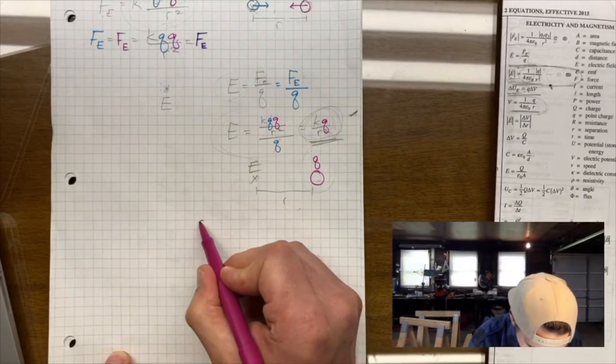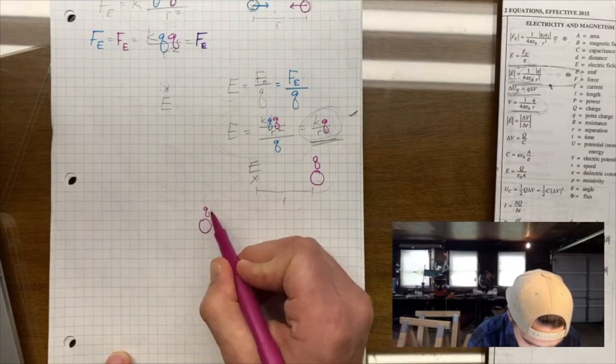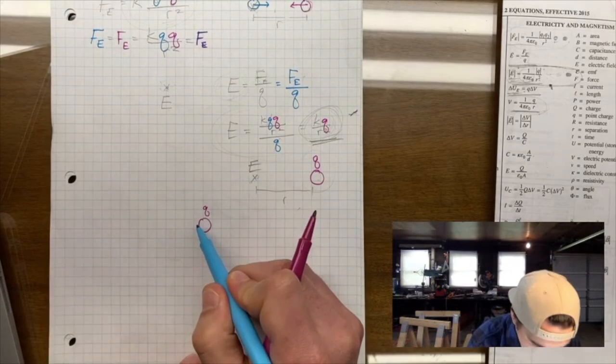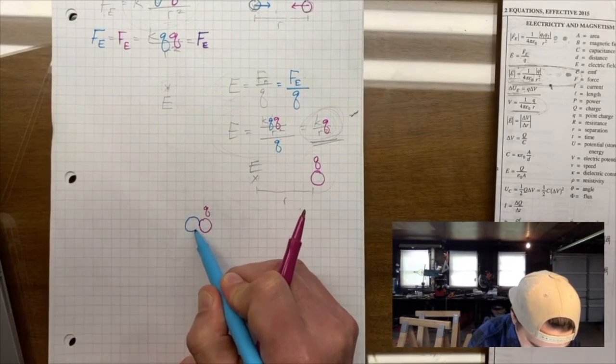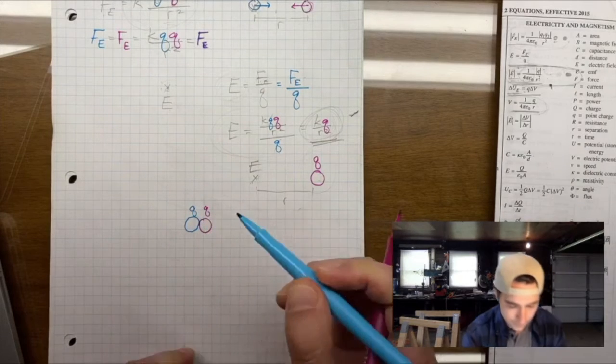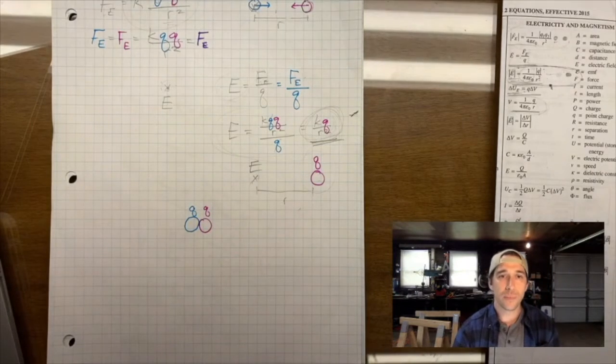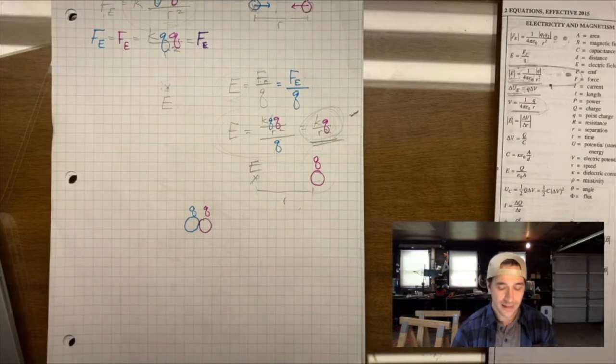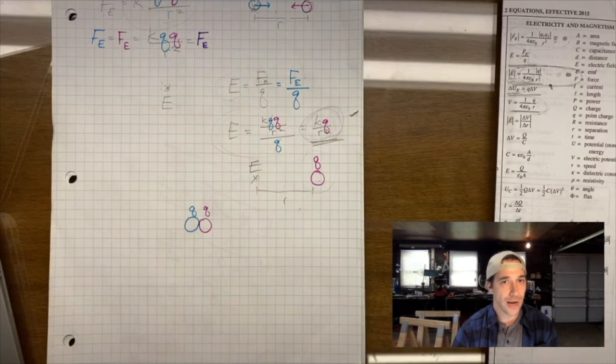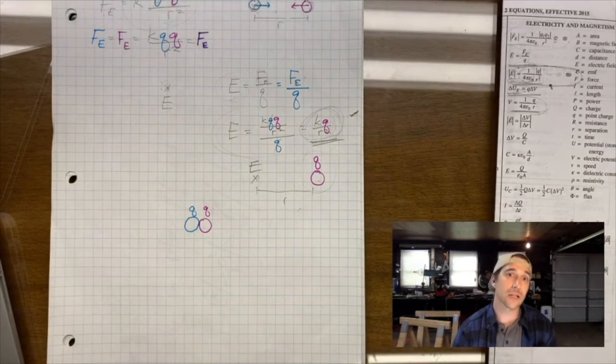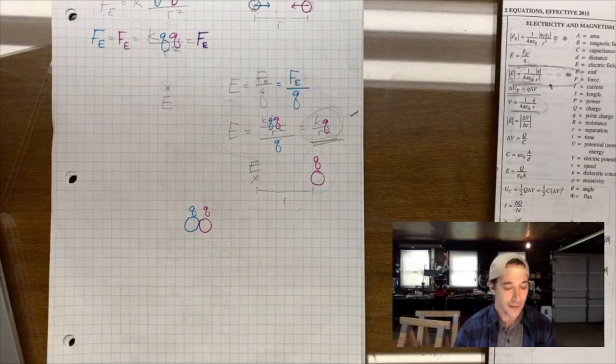If this Q and this Q were touching each other, they would have no potential energy to move, right? Think of it as these things are being attracted towards each other, but they're already as close together as they can get.